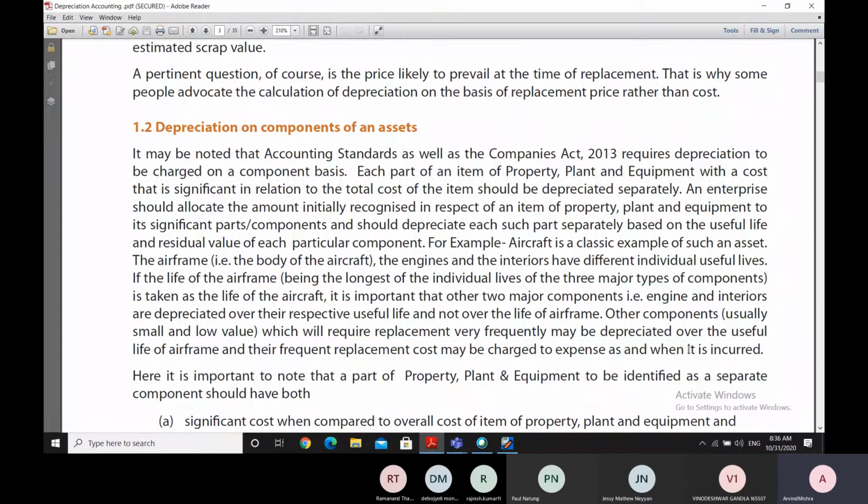So obviously, as depreciation depends upon the useful and residual life also, it is necessary to take into account the fact that every significant component must be depreciated over its useful life.